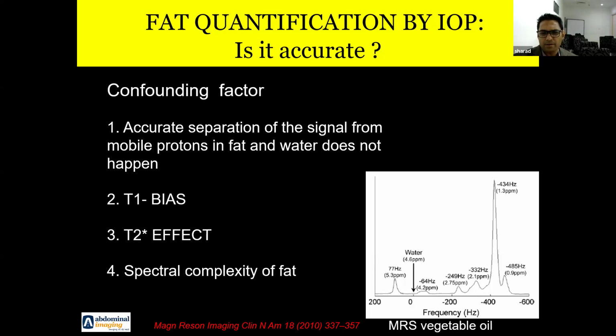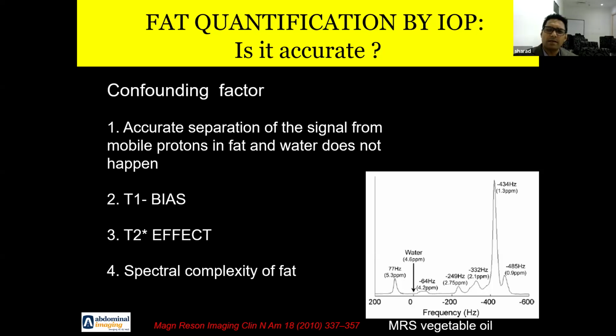Fatty liver disease, when it becomes advanced, the liver starts getting more iron in it. So you will have patients where iron is not allowing you to do a proper quantification. Another thing is this sequence was not good enough to accurately separate water protons and fat protons.